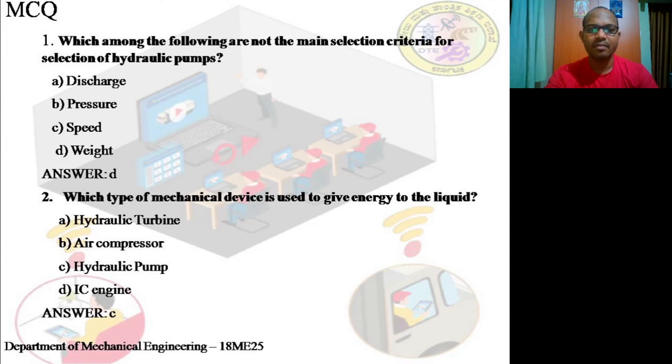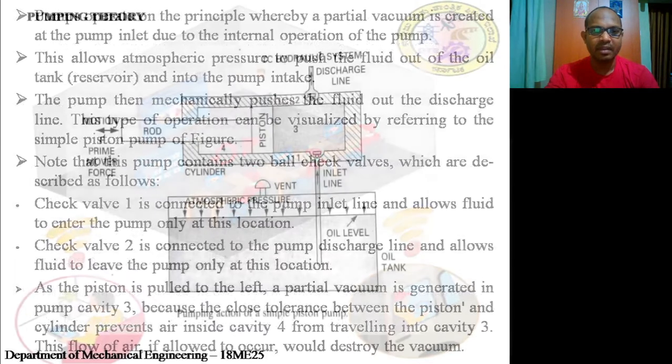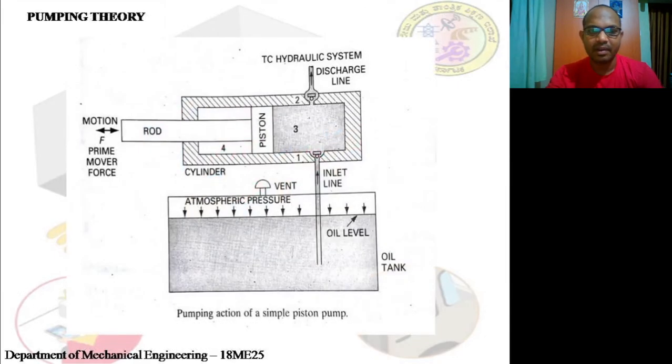I have a few MCQs. Before that, I would like to explain this in particular. Now, what happens here? As the piston moves left and right, according to the movement of the piston, these check valves have been fixed.